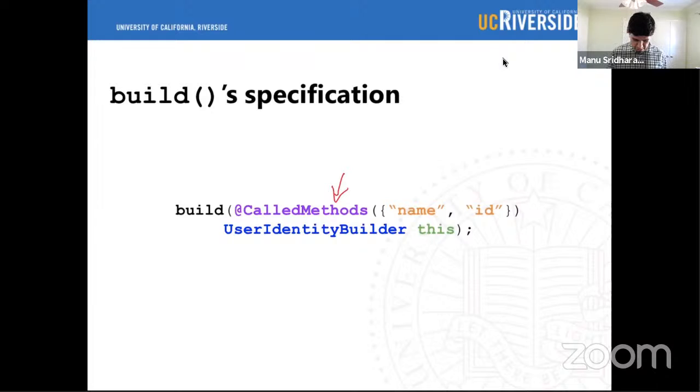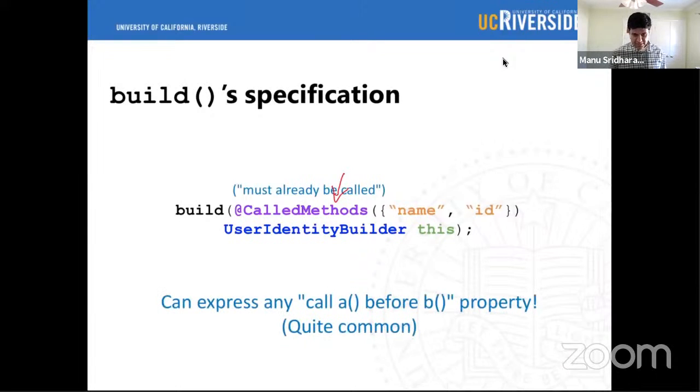And I want to note here that I've been talking a lot about object construction and builder patterns. So sorry, what this called methods annotation means is that these methods must have already been called, as I noted. But really, this can express any kind of pattern of the form always call A before B, which I think we've seen a lot in many scenarios.